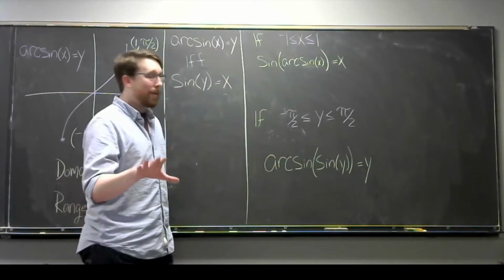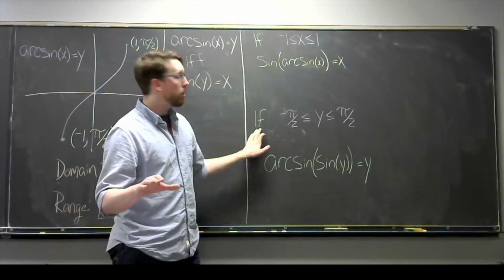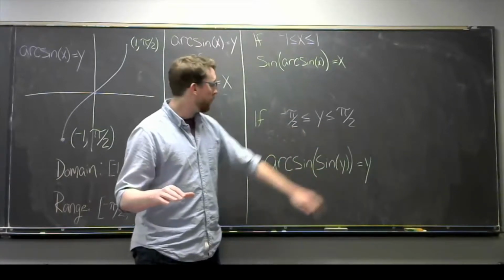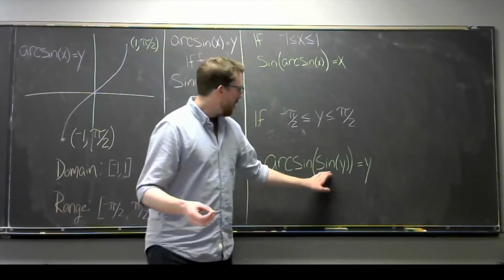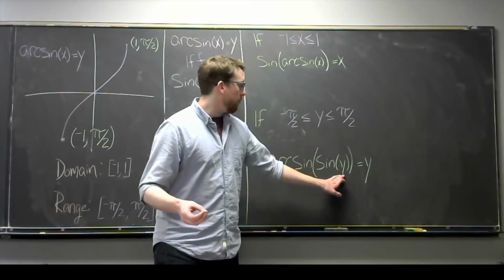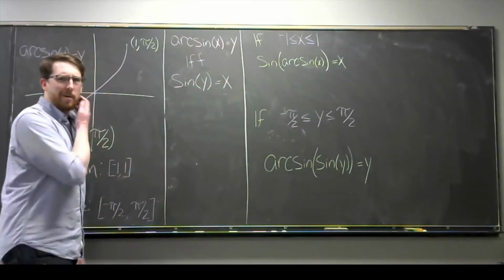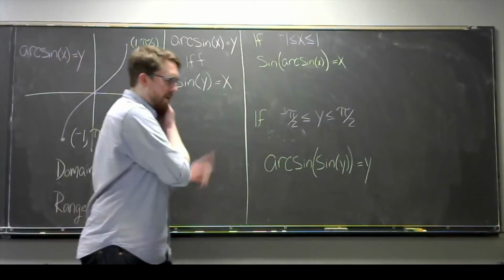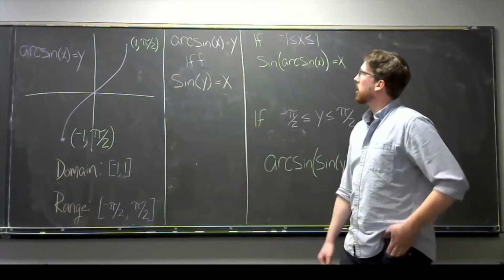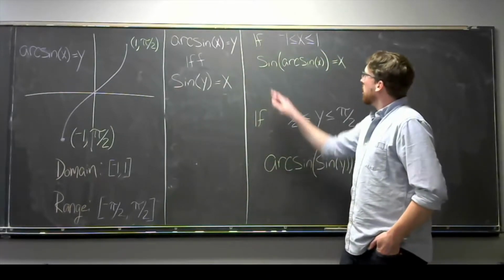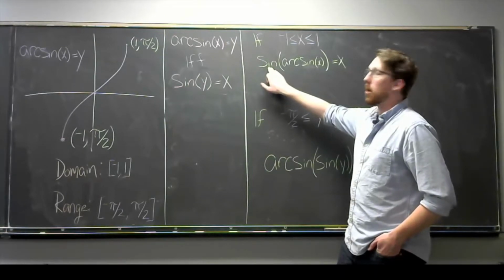And if y is between -π/2 and π/2, then the arc sine of the sine of y is going to be equal to y. Now let's think about this. What are we doing? What are we saying? Well, it comes back to this middle definition here. Here we're saying we want to take the sine of arc sine, right?